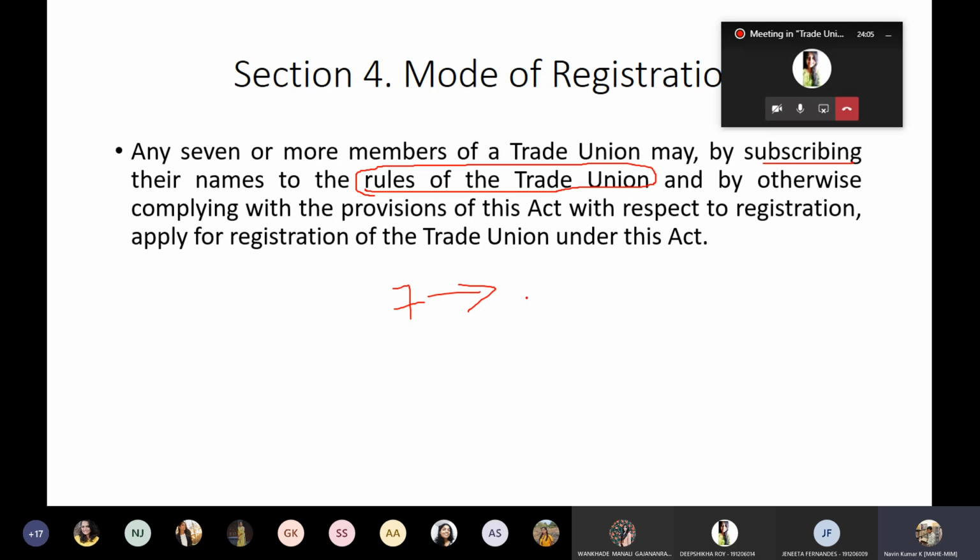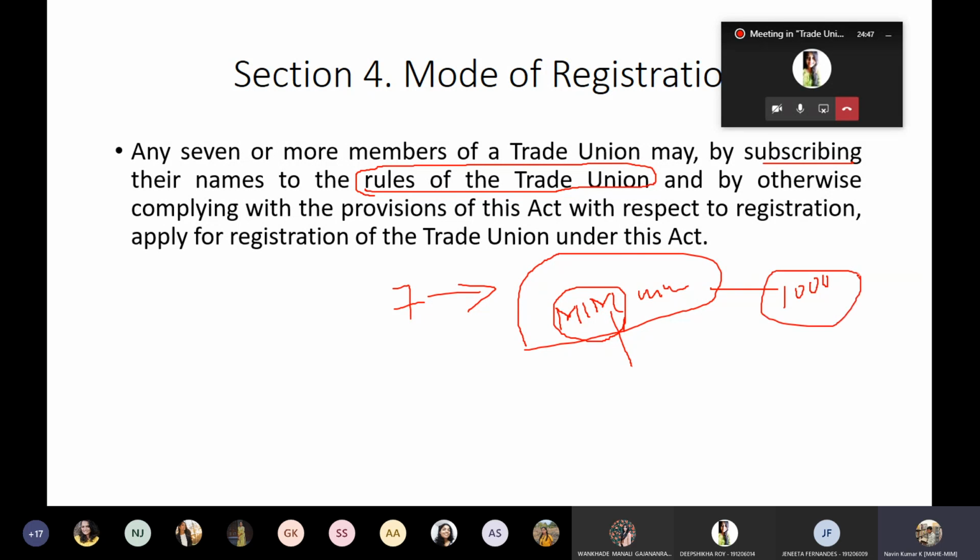What they'll do, see, in unions, let's say for example, tomorrow you want to register one union. Say for example, I'll take an example of MIM union. It is a hypothetical MIM union. Now you want to register this union. Suppose in this MIM you are having, say for example, 1,000 employees.